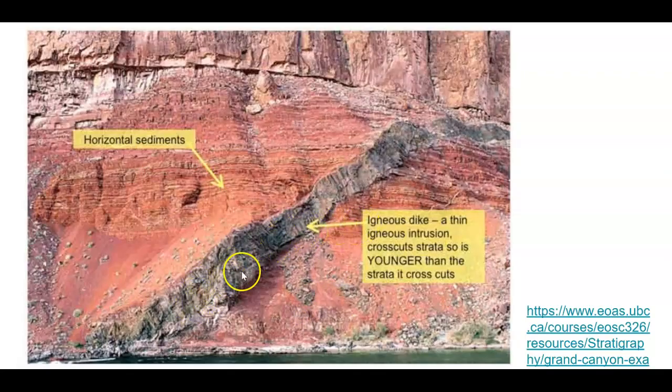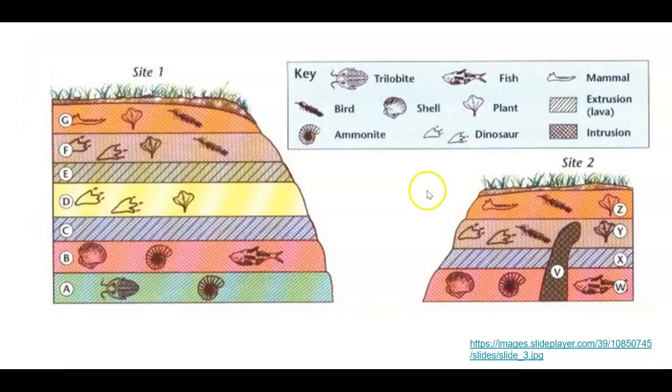Okay, we can see this again here. Here's where that magma melted through layers that already existed. And that melting through, that intrusion, has to be younger. It has to cut into those layers that were already there. Okay, so part of what you're going to be doing today is sequencing how old certain rock layers are.